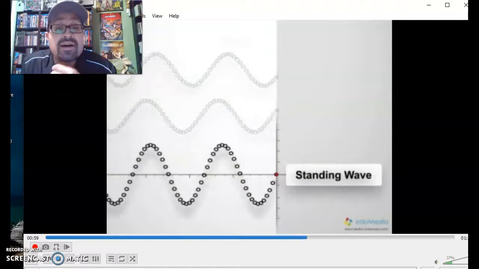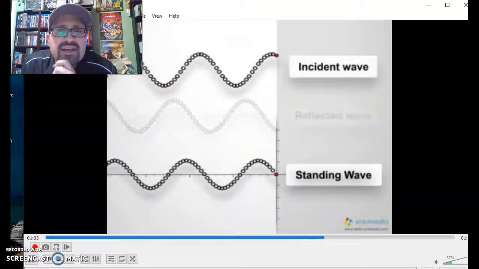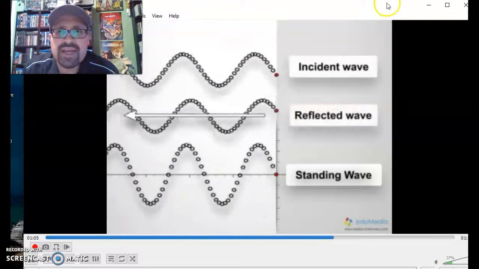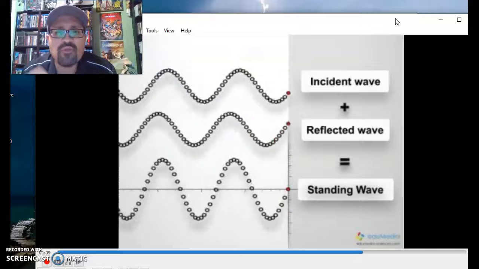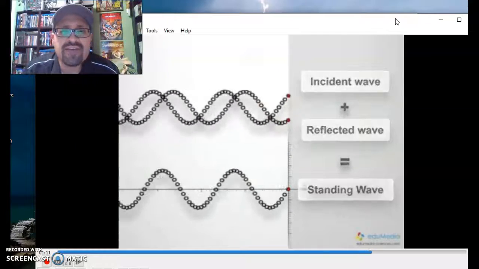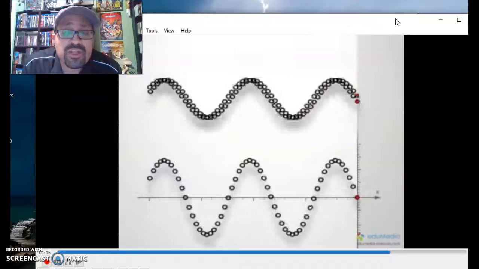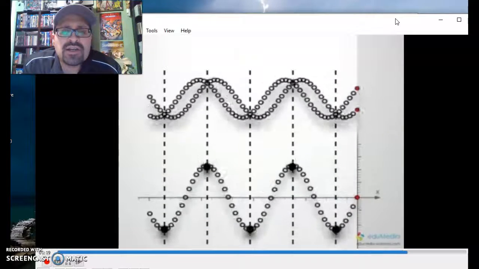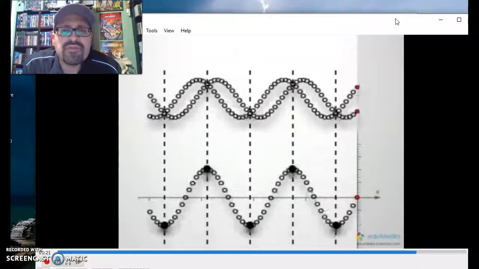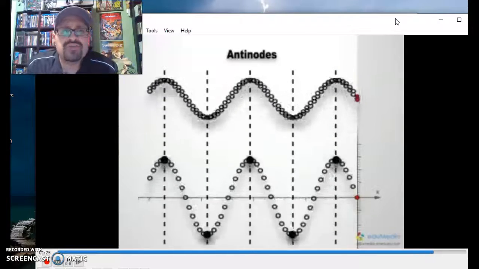You end up getting, in this context, a standing wave. At the top of the animation, you can see the incident wave is going from left to right, the reflected wave is going from right to left, and when you superimpose those, what you and I would see in real time is the standing wave. I'll include a separate video of a guitar string that is undergoing a standing wave as a result of interference.